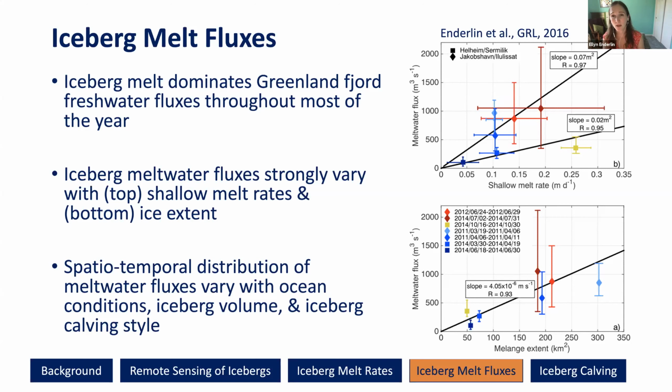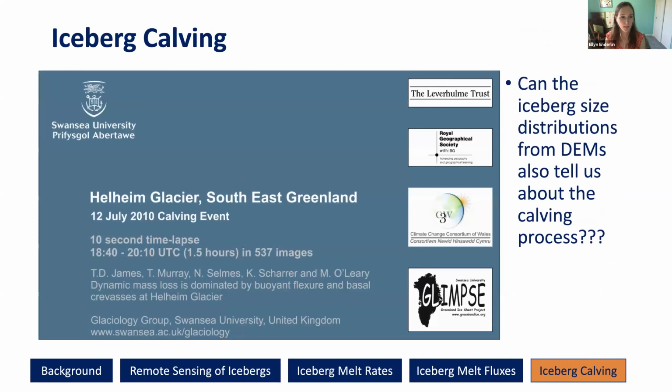That's why slushies melt really fast, but ice cubes in a drink don't. So if we change our calving style to suddenly break off lots of little bits instead of big ones, we might also be influencing when and where we're putting fresh water into these local environments around these glaciers.